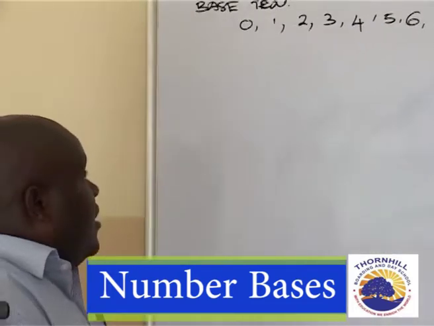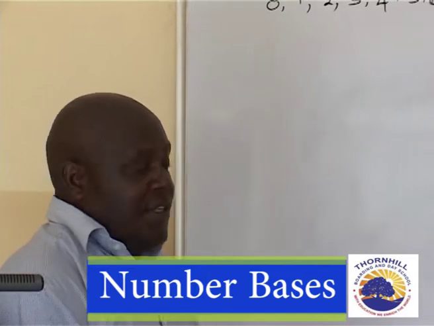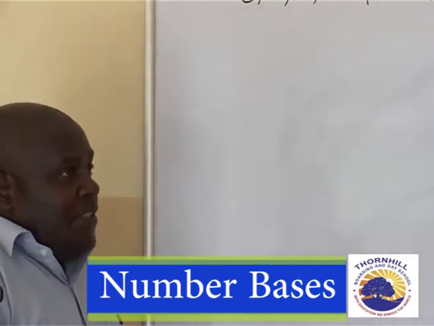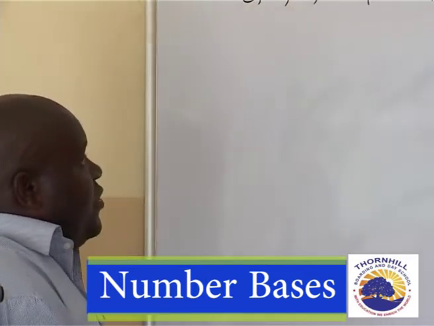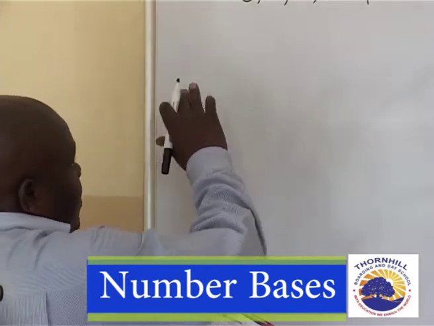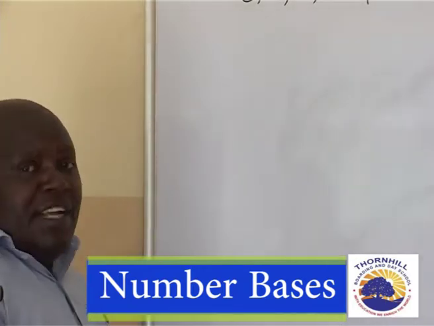These are the digits that we use to write any numeral in base 10. But when we come to other bases, we have different digits that we use. So in base 10, you can use these numerals to write any number.